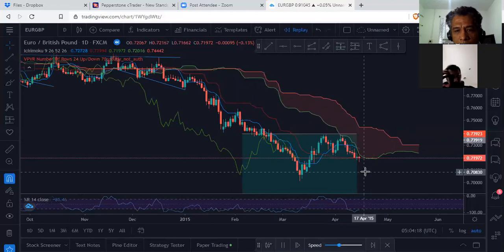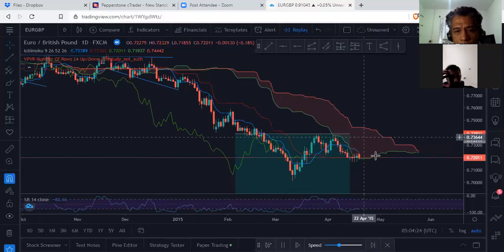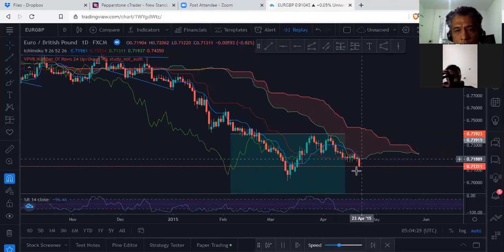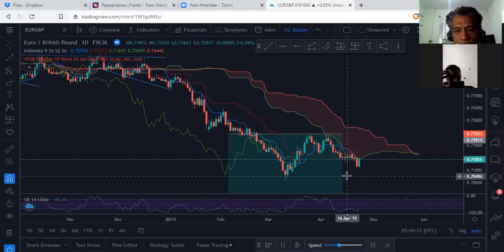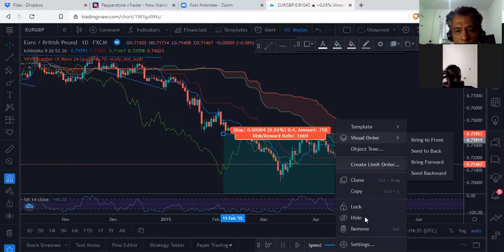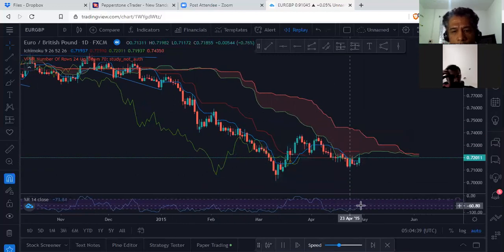So most probably I'll take profit in this location. 1, 2, 3 trend lines. So resistance. So this is like a wedge. Okay. So I'm going to take profit now. Take profit. One win. So you can see it here.